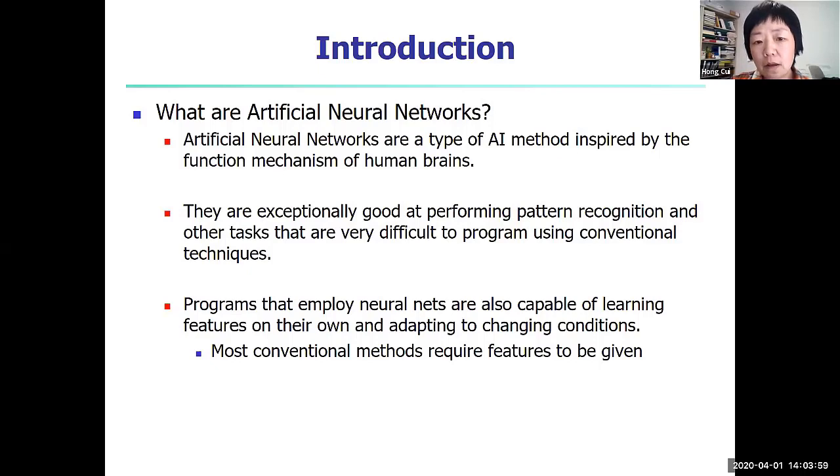ANNs are really good at performing pattern recognition, and their power probably cannot be overestimated in lots of application areas. For example, image processing and computer vision, because the system is very good at gathering features.